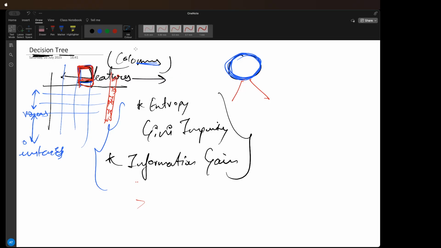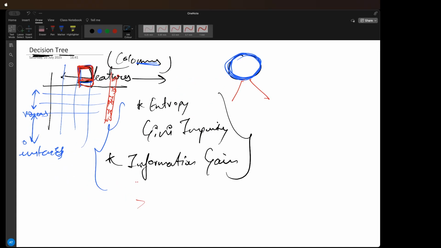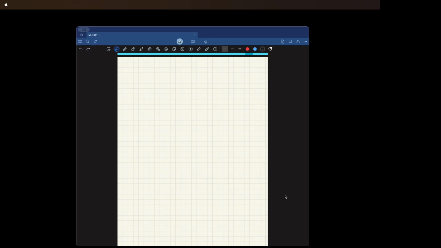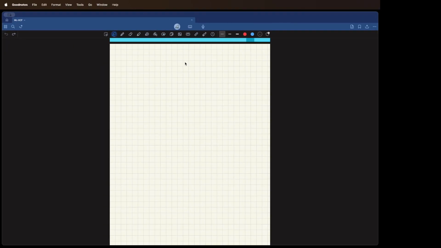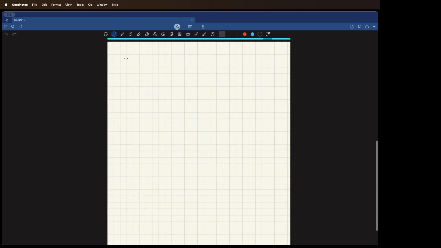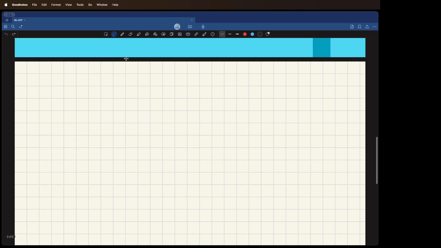Is this visible, guys? Put a thumbs up if it is visible. It will not be shown to the people who are watching it. And how to make this page landscape? Okay, no issues. I'll zoom it up. It will automatically become landscape.